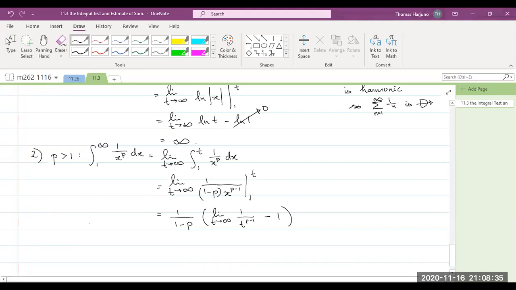Okay, but p is greater than 1 means p minus 1 is positive, is that right? Such that we will get 1 over 1 minus p, the limit goes to 0 minus 1. So this is equal to 1 over p minus 1.